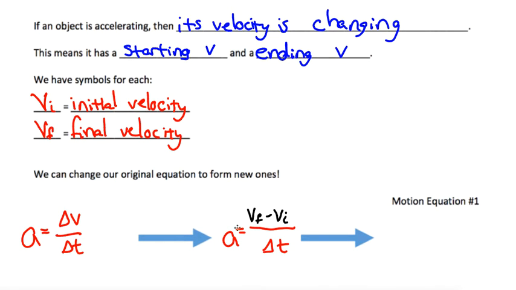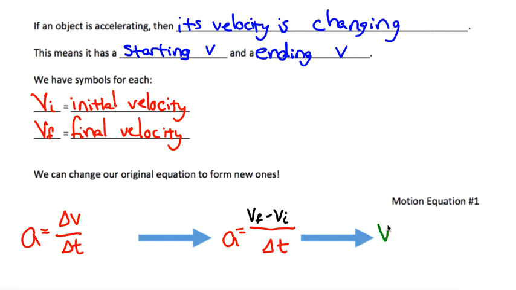All right, so now we're starting to get some more attributes into this original equation. I'm not going to go through all of the math, but most of you will be able to see in your head, if you solve this equation for Vf, it's fairly simple. It's going to give us our motion equation number 1. So what you'd end up doing is multiplying delta t to both sides, and then adding Vi to both sides.